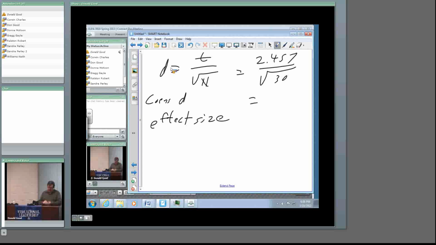Oops. Can't punch the right buttons. I get that to be approximately 0.45.